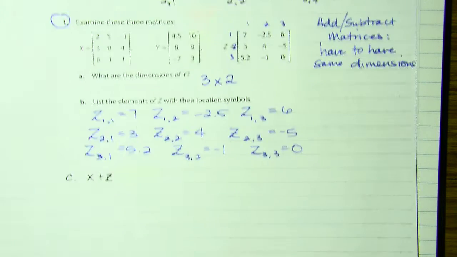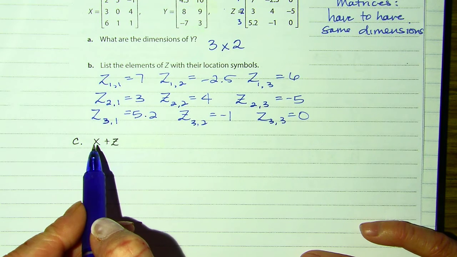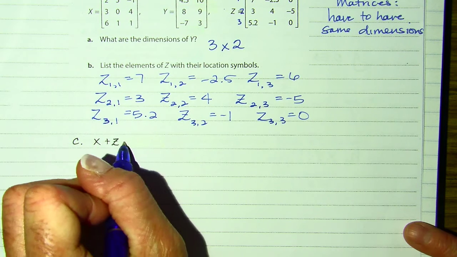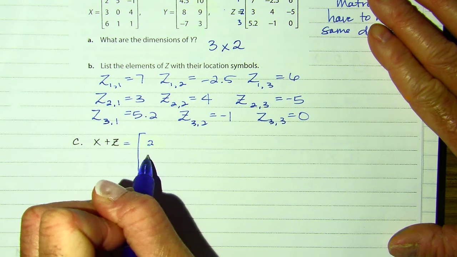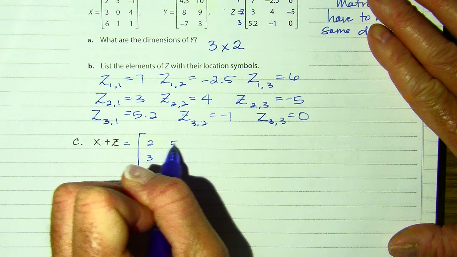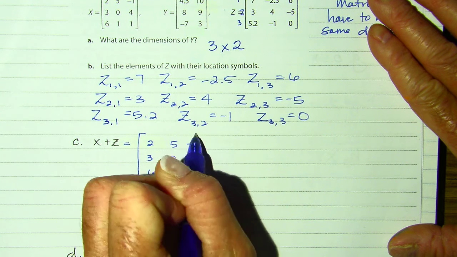Now, we're going to do several different things with our matrices. So the first, they'd like us to add matrix X plus Z. So let's write matrix X. Matrix X was 2, 3, 6, 5, 0, 1, negative 1, 4, 1.